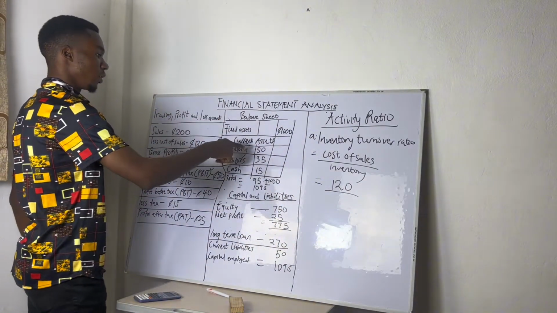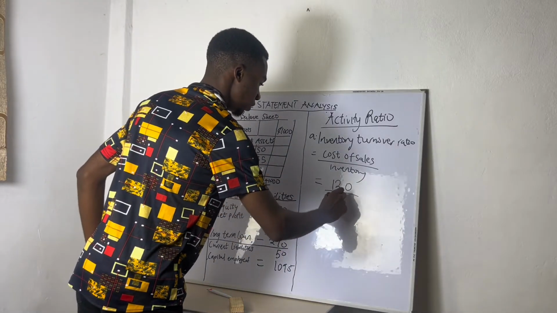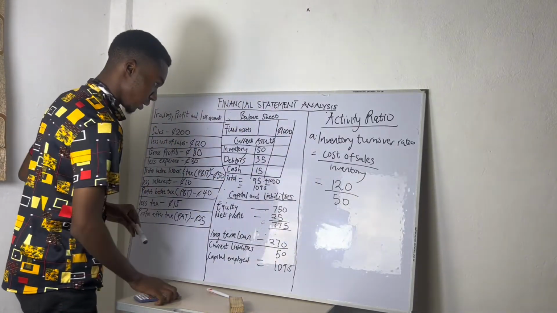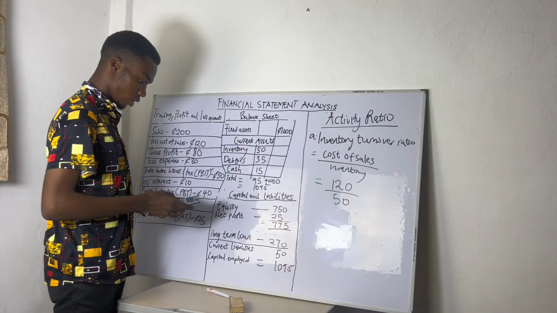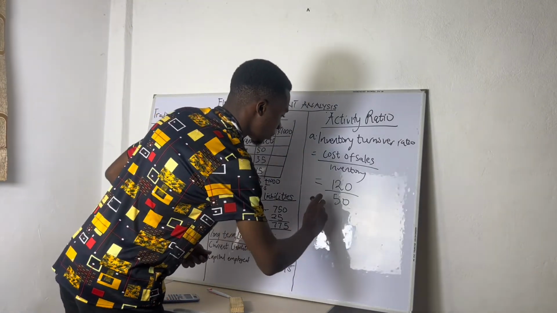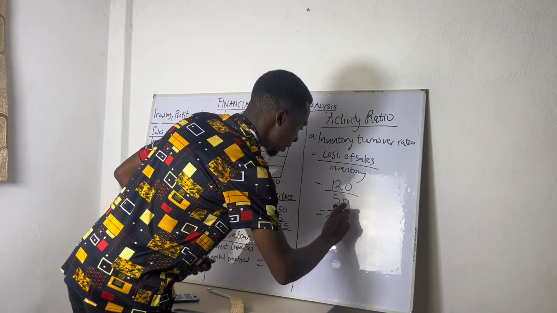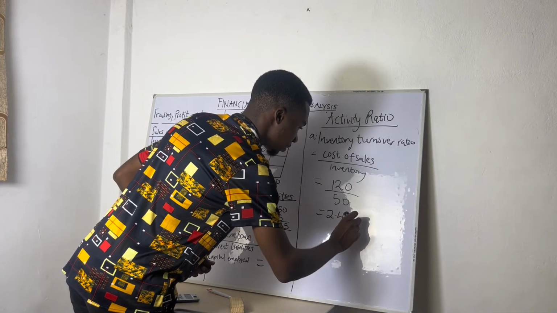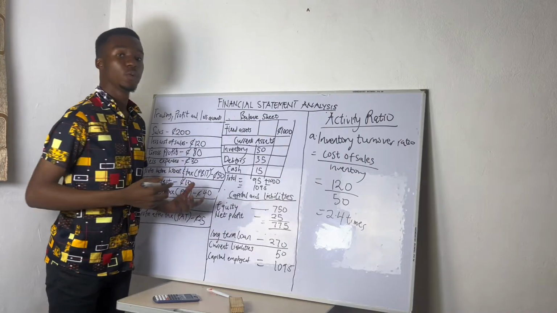And the inventory in the question is 50. So let's punch it on the calculator and see what we get. 120 over 50, we are getting 2.4. And this one is also times, so the unit is times. So we are getting 2.4 times.